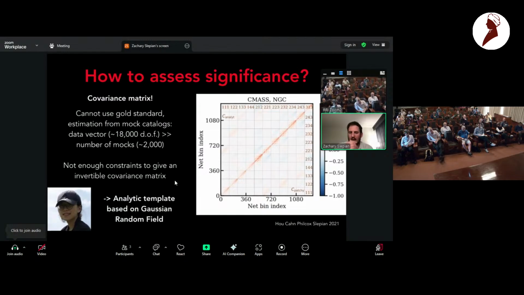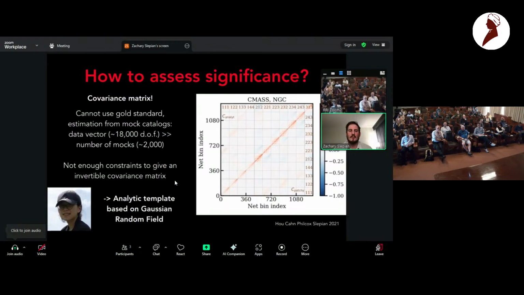And here, in the lower half of this matrix, I'm showing you the noisy and non-invertible covariance estimated from patchy mocks. That's just the name of the mocks for BOSS. And on the upper triangle, I'm showing you the analytical template from our Gaussian random field calculation, and they're indistinguishable by eye. So the Gaussian random field actually gives you a pretty good model for the covariance. And the advantage is, since it's calculated from theory, it's not noisy and it's perfectly invertible.